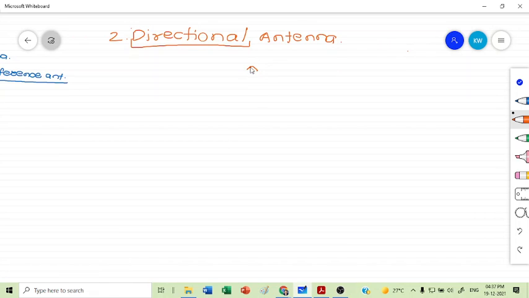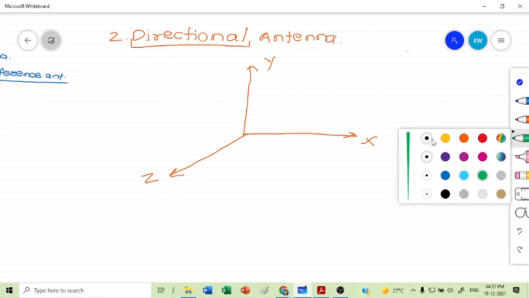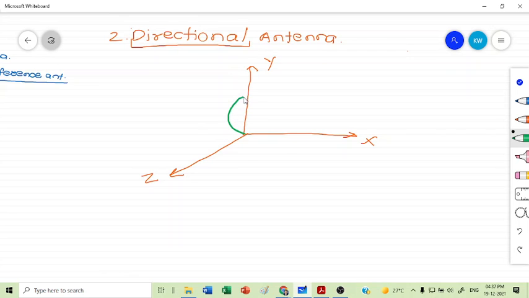Now let us see the radiation pattern of directional antenna. This is x axis, this is y axis, and this is z axis. Now let us draw the radiation pattern.